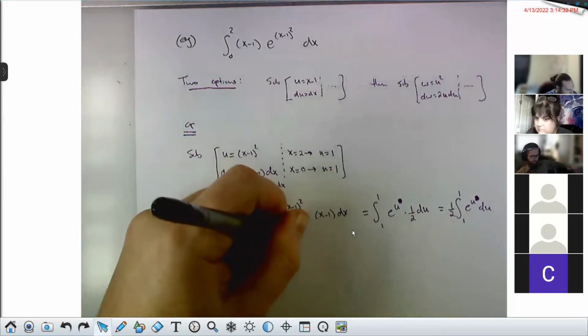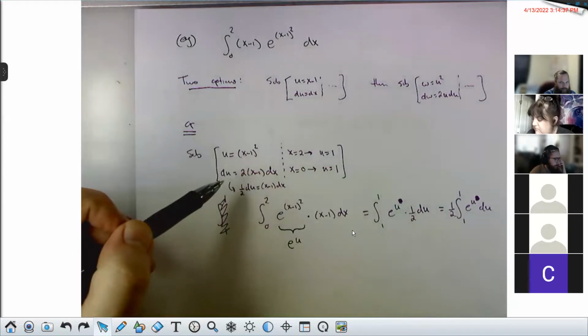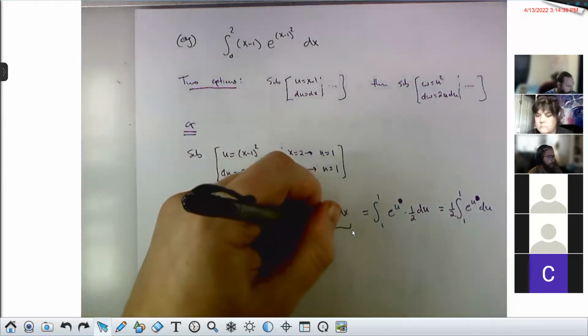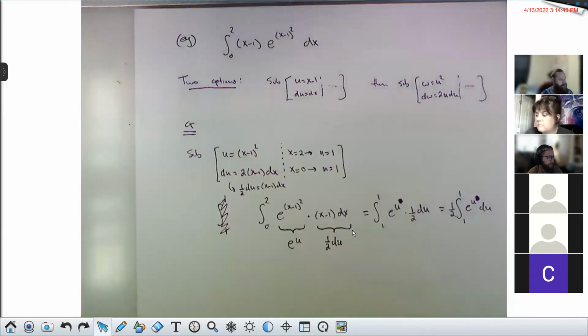This piece is e to the u because u is x minus 1 squared. And this piece is 1/2 du. All right, so I apologize. This is not e to the u squared. This is just e to the u, right? Because this whole thing here is u.